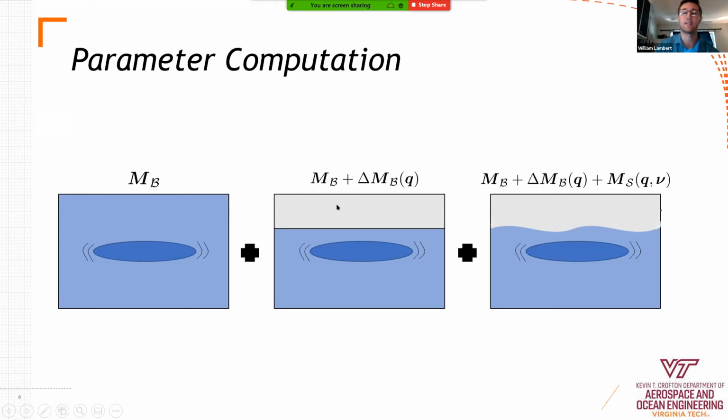We have a correction to the added mass that is the result of being near a rigid free surface, so the asymmetry in the fluid due to the presence of a rigid free surface. And then we have a further correction that accounts for the impulsive deformations of the free surface due to some acceleration of the body. So we're setting up a system of simulations to be able to capture each of these terms separately.